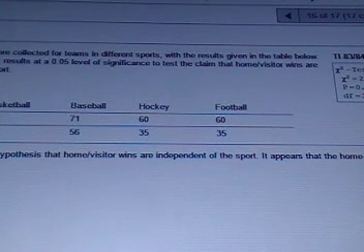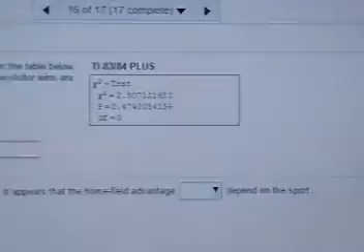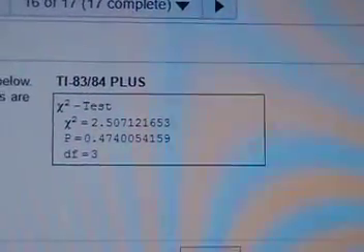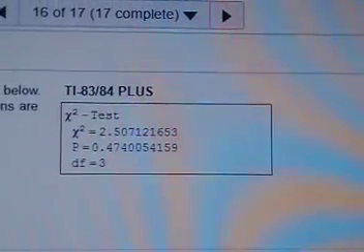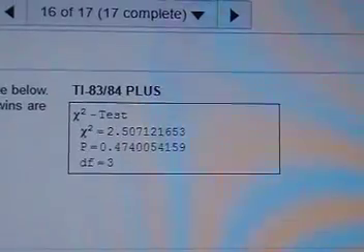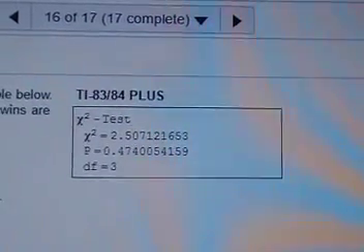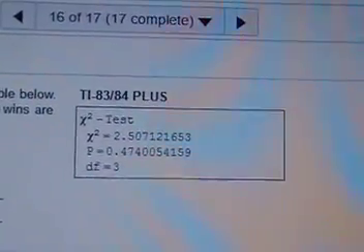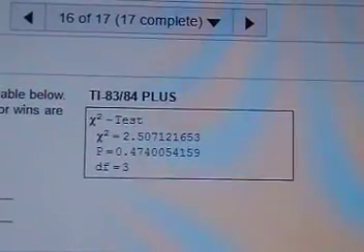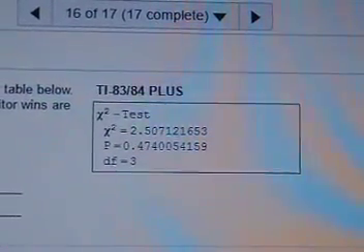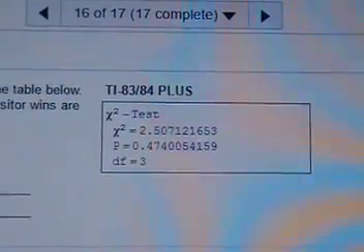Two questions for Chapter 11. Chi-square tests here. And this one, they actually give you the calculator output for the test statistic and p-value. And just like we had z's and t's before for means and proportions, in these chi-square problems you get a test statistic called a chi-square value.